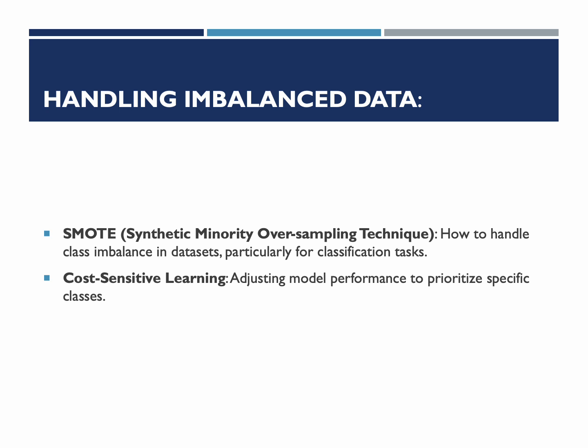Then the next one is cost sensitive learning, which involves adjusting the cost or weight assigned to misclassifying different classes. The idea is to prioritize the minority class by assigning it a higher misclassification cost. So this approach encourages the model to give greater attention to the minority class during training.